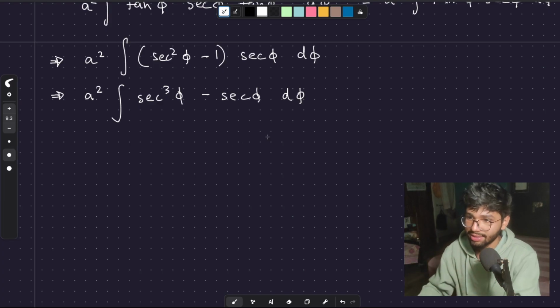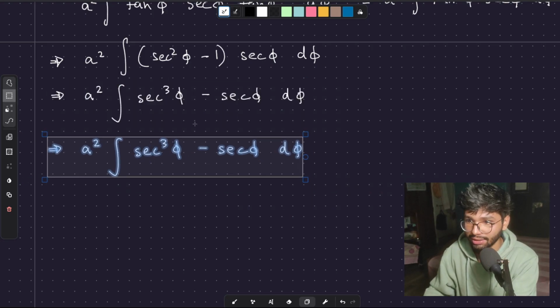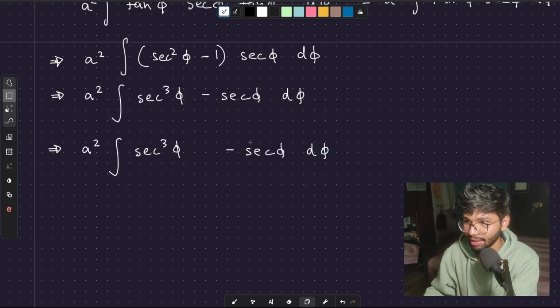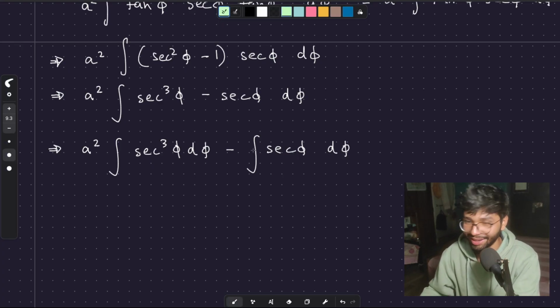We can separate these out again. Let me copy it. Good old copy paste magic, right? We need that sometimes, a lot of times in our life. I wonder where I would be if I did not have the power of copying and pasting things. Yeah, I'm a programmer.